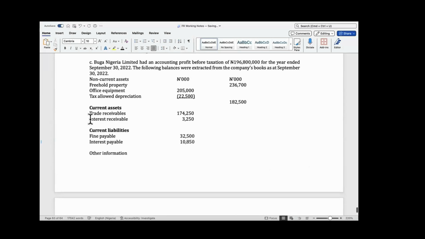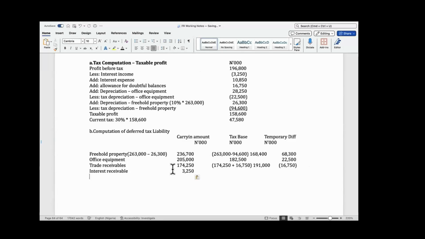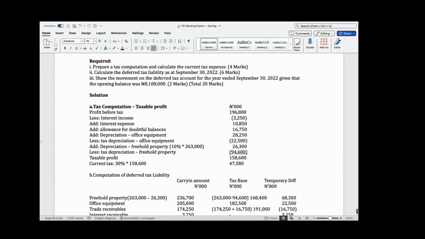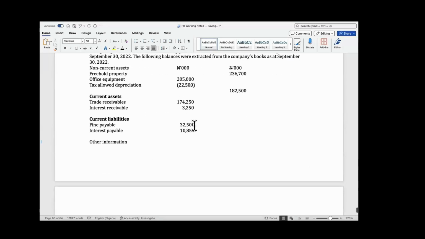Then my interest receivable. This is 3,250. The tax base, this guy is not going to allow it. So there's a difference of this that will be taxable in the future. So it's a taxable temporary difference. Then fines payable. I don't even need to include this one because it's never allowed.